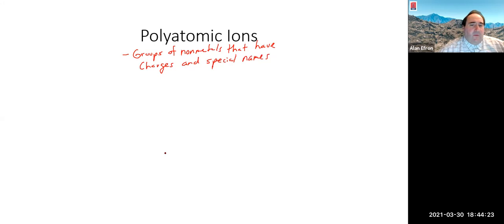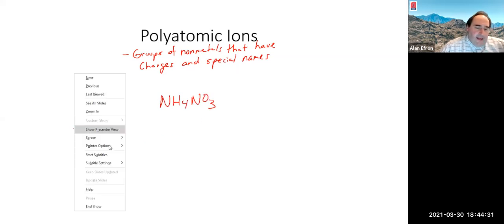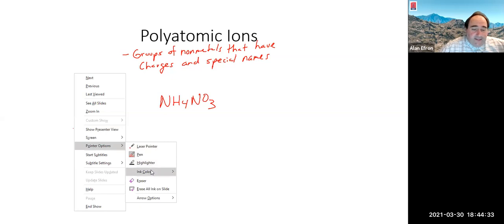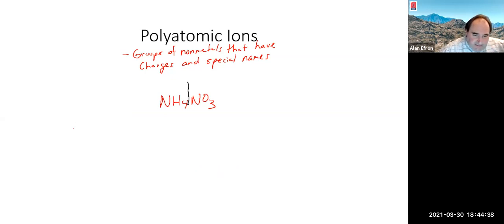So let's take a look at one here. Let's say we had NH4NO3. NH4NO3 is actually 2 polyatomic ions. We would split it right about there. On this side of it, we have probably one of the only positive polyatomic ions you'll come across, which is NH4+.